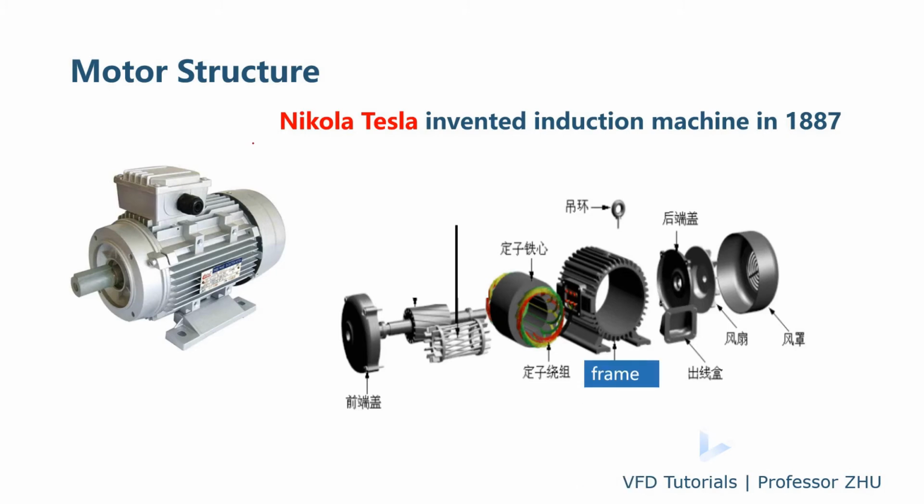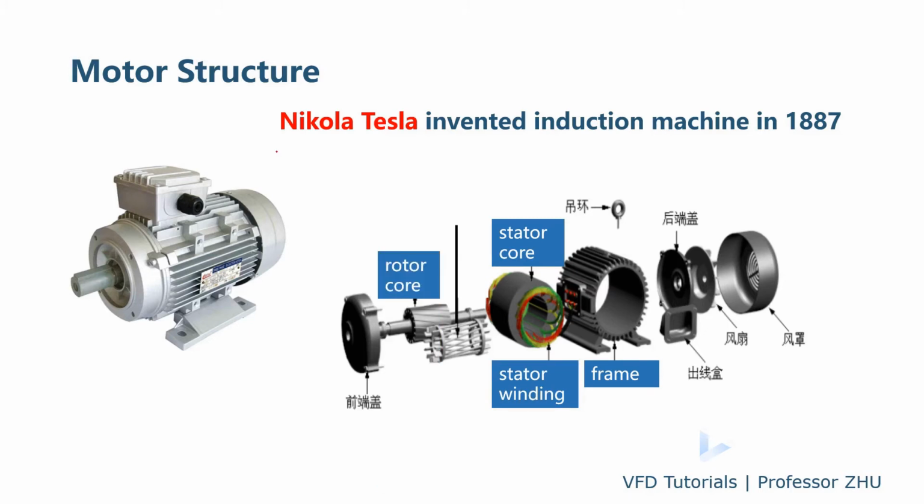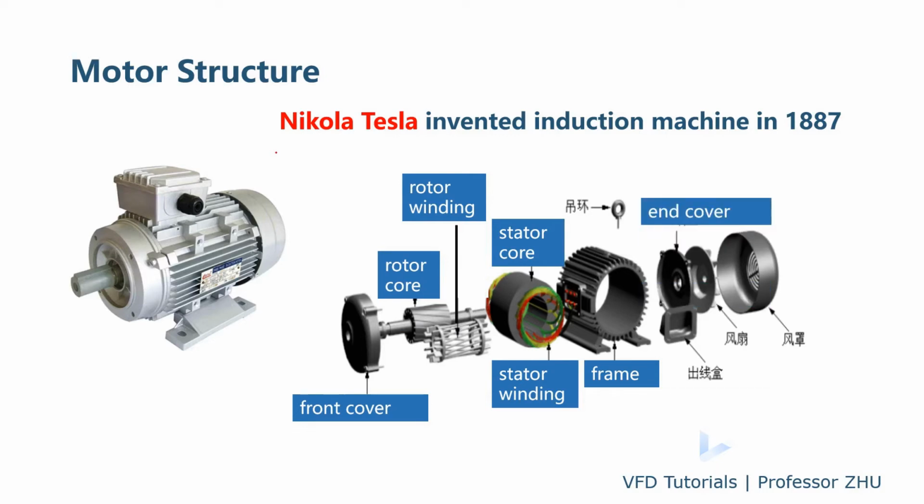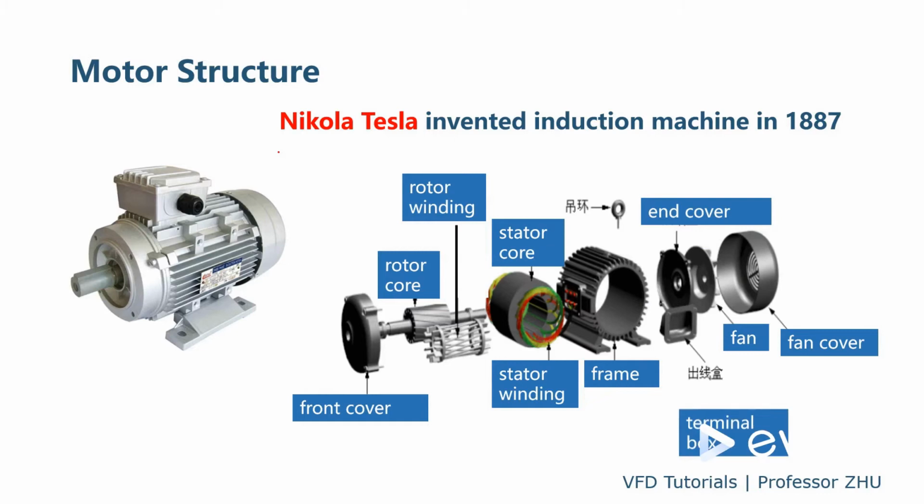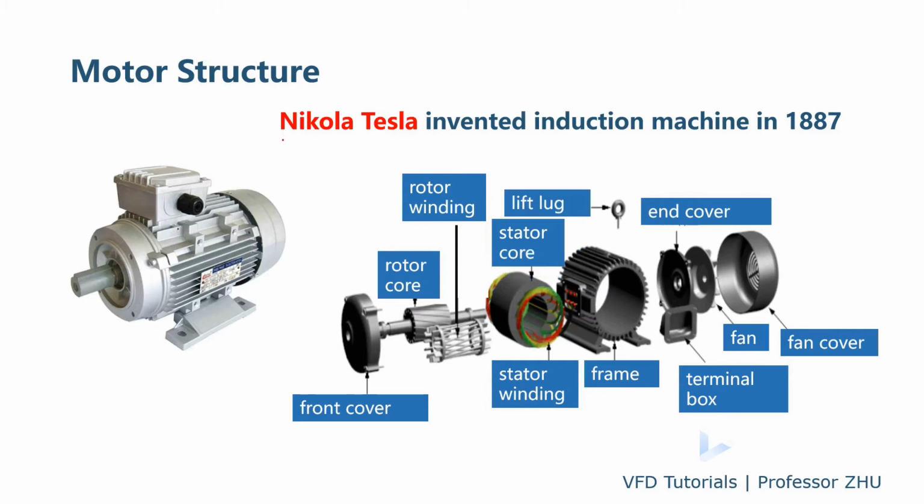So for motors, we have a frame, the stator core, and the stator winding, the coils, and the rotor core, rotor winding, and the front cover with bearing, and the end cover, and the fan for cooling the motor, and the fan cover, and also the terminal box for wiring all the power wires, and the lifting lugs for lifting.